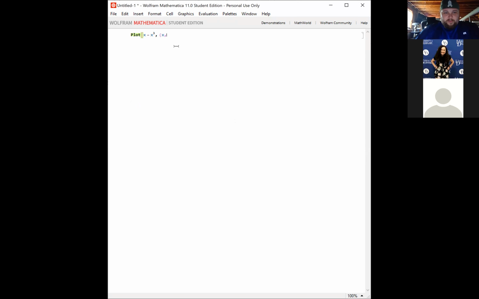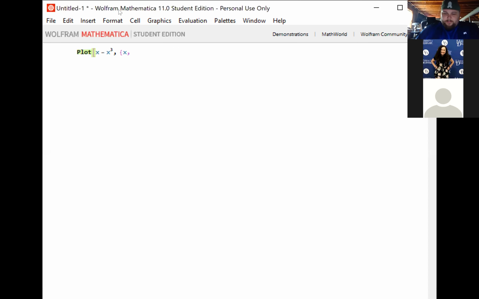What are the bounds here on the problem? They don't tell us. It says x equals 0 and y equals 0. So let's start at x equals 0, and I don't know, go to 5.